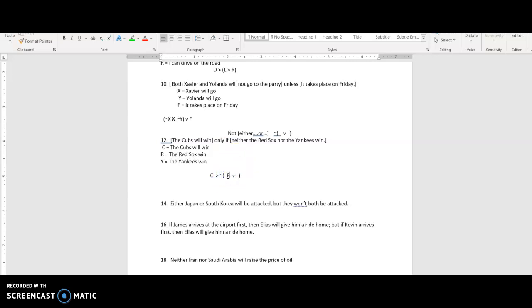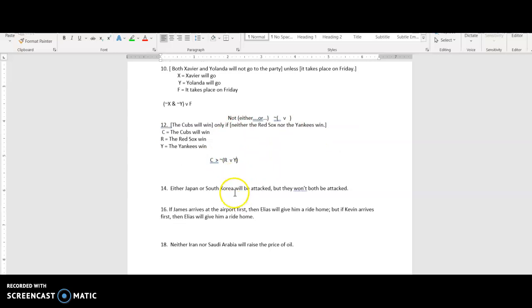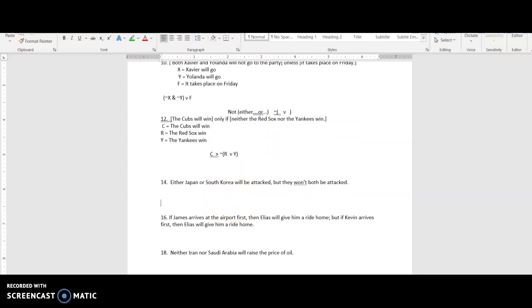So it's going to be R or Y. Okay, so again, only if, drop in the horseshoe. Goes to the left is the antecedent. It's just plain old C. Goes to the right is the consequent. That's a neither nor, not either or.